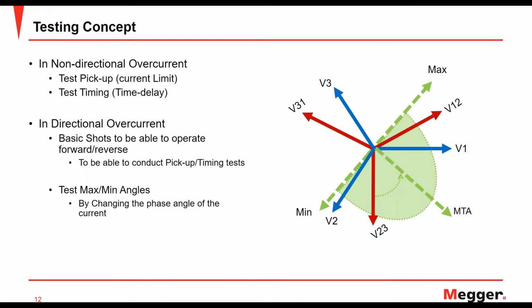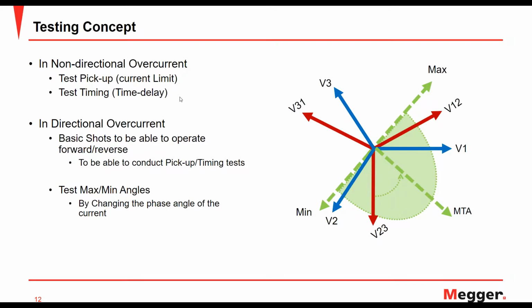Now for the testing concept, if I want to test this directional overcurrent and I have my MTA angle known and my reference voltage known, I can basically do the normal testing, the pickup test or the timing test, which people used to do. But I need to make sure that the phase angle of my current is within the area of my forward region in case my setting is in the forward region, or in the reverse region in case my setting is in the reverse.